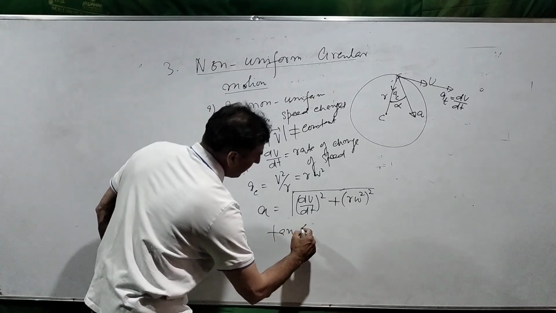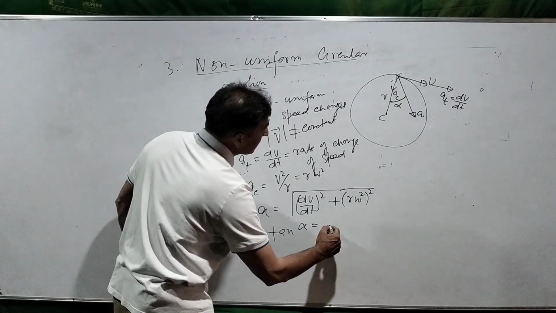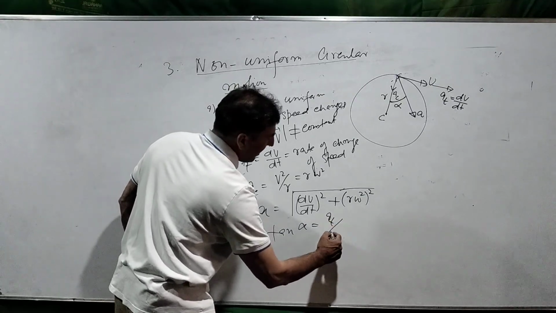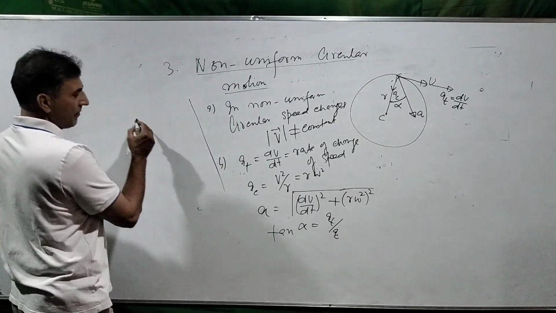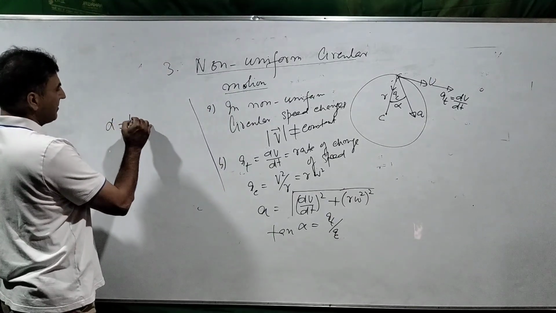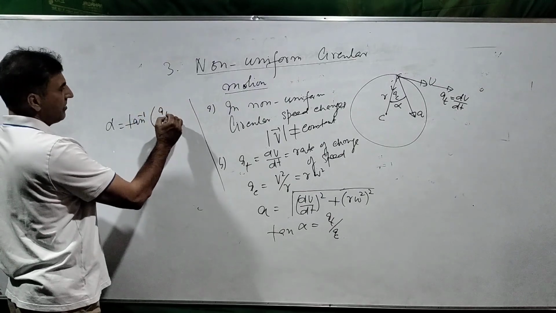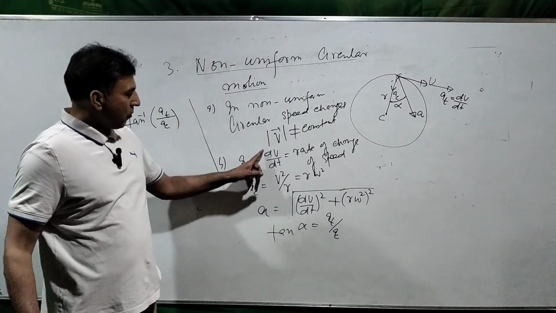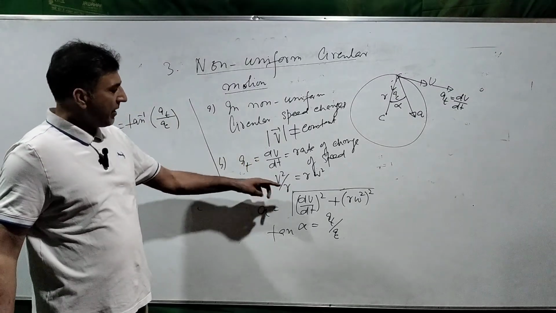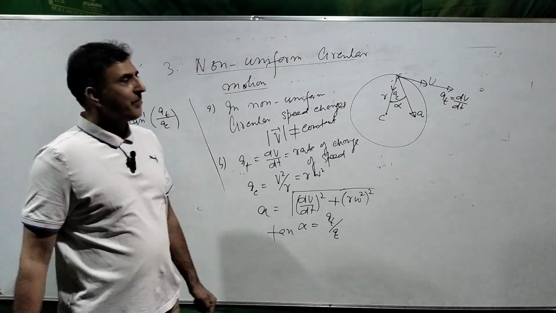Tan alpha is equal to what? That is tangential acceleration by centripetal acceleration. So alpha is equal to tan inverse tangential acceleration by centripetal acceleration. Tangential acceleration भी दिया हुआ है, centripetal acceleration भी दिया हुआ है. आप दोनों को डिवाइड कीजिए और tan inverse निकाल कर अल्फा निकाल सकते हैं.